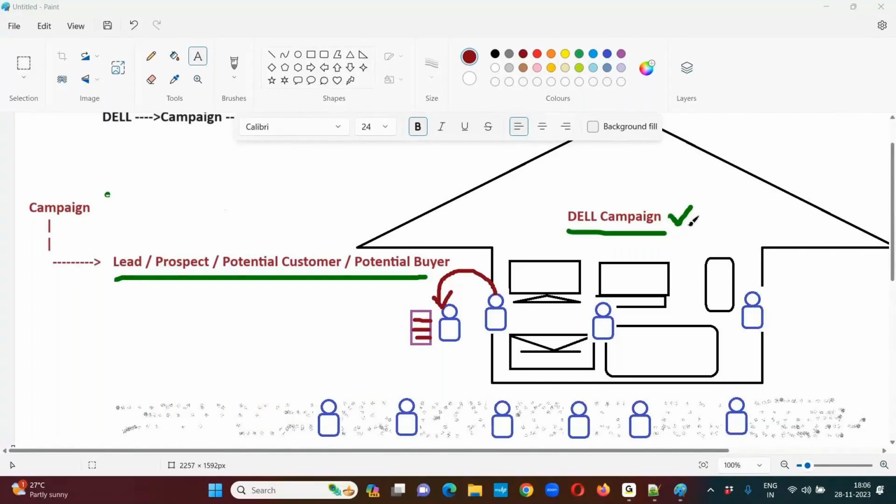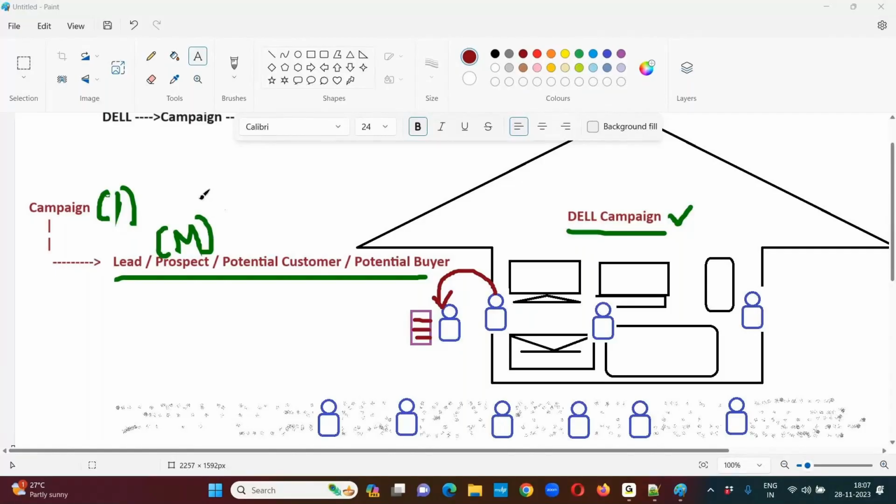Other people also, so many people will visit that. So the campaign is only one, leads are many. We have a one to many relation between campaign and lead. By conducting one campaign we can capture multiple leads. Okay, clear? Understood the concept now?